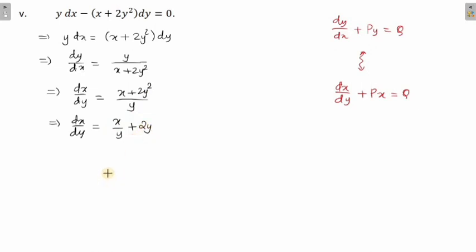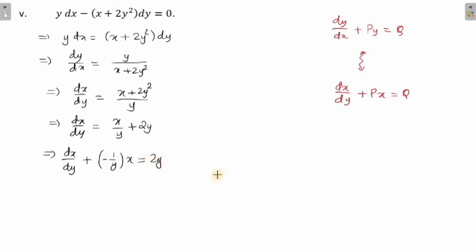That's what you are going to get. If you bring this out here and write in this format, you get dx by dy plus (minus 1 by y) x is equals to 2y.